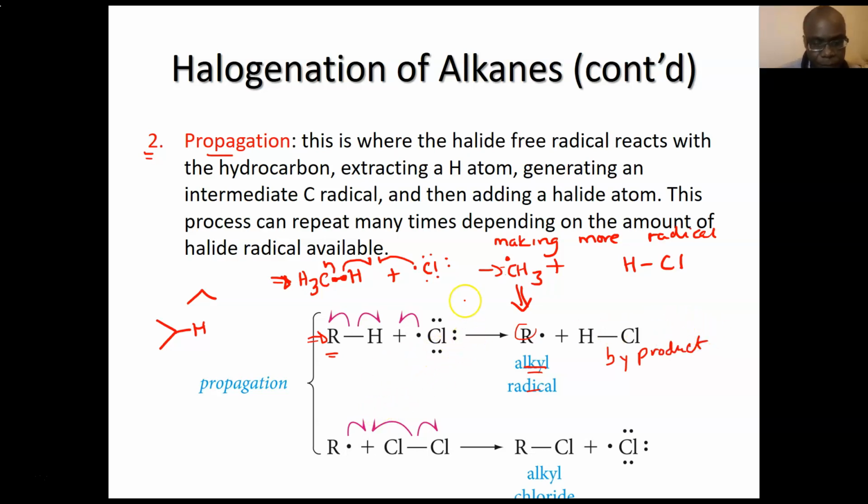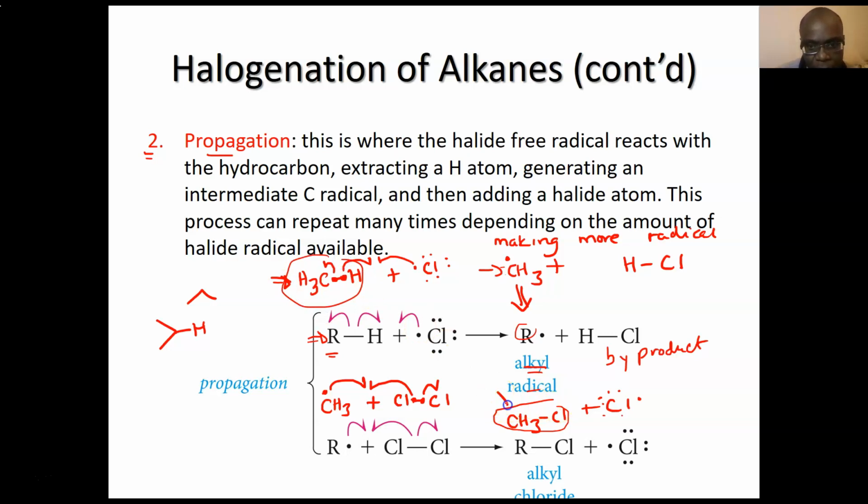Now, the newly formed alkyl radical, for example your CH3 in this example, can break apart another molecule of your halogen by making a bond with one of the Cls. That's how you get CH3Cl, and then the other chlorine of the diatomic chlorine molecule will make a radical. So this is an alkyl chloride. You started with this, but you end up with this.